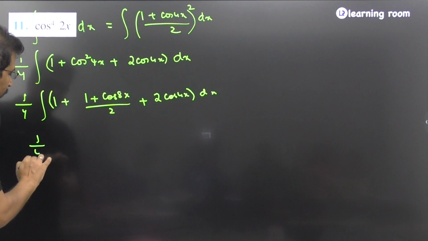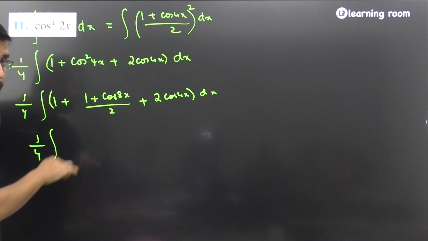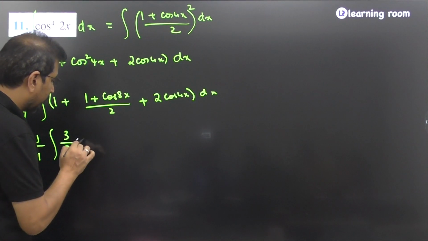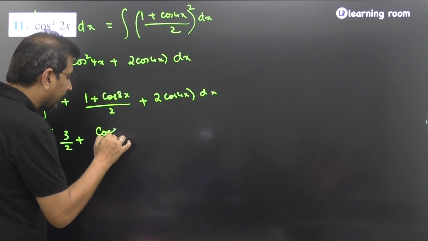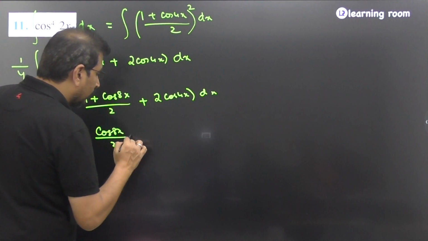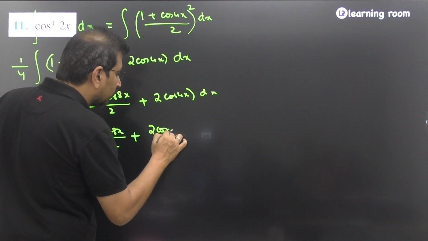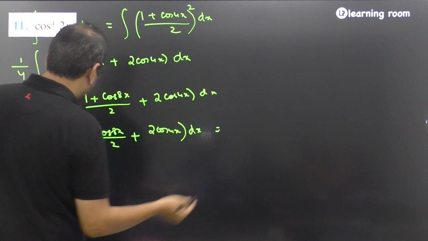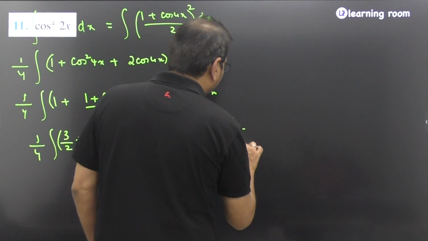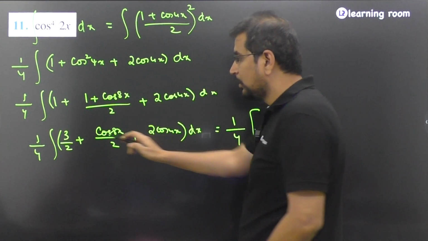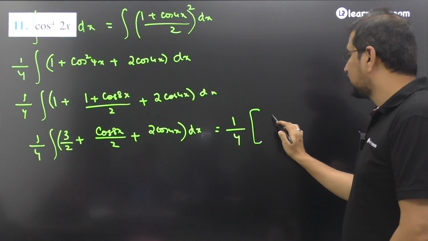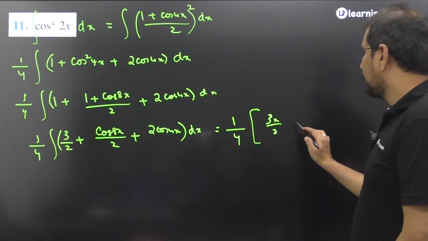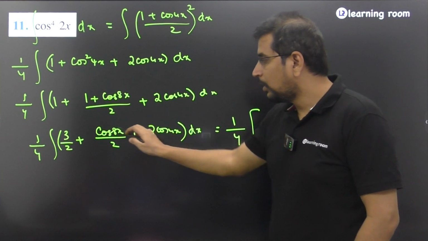So 1 by 4 into integral of 1 plus half is 3 by 2 plus cos 8x by 2 plus 2 cos 4x, the whole times dx. This is going to be equal to 1 by 4 into, observe, 3 by 2 times dx is 3x by 2 plus cos 8x by 2.